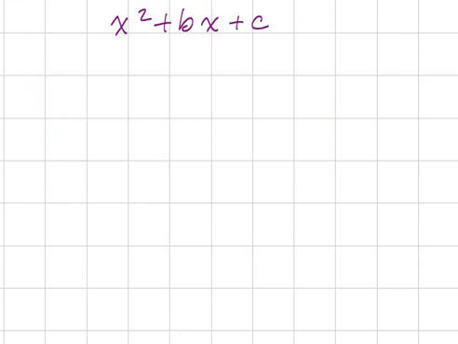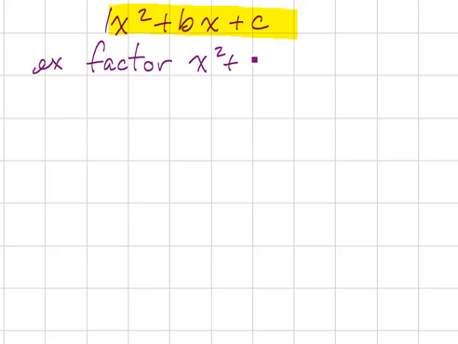Now the next stage is to factor trinomials in this form that we call x squared plus bx plus c, where the number in front of the x squared term is 1, usually not written. So an example of that would be something like where the instruction is factor x squared plus 3x plus 2.